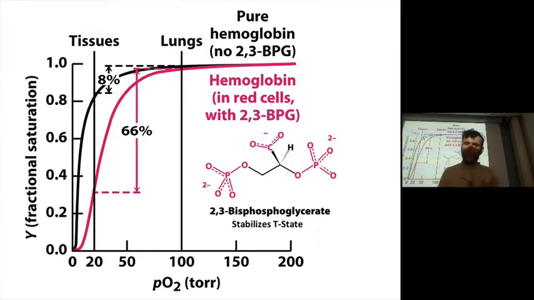All right, so it's some kind of an effector. This is some kind of molecular effector. In fact, you will see that it helps to stabilize the T state and shifts us from that R state curve I showed you a little bit closer to the T state curve.